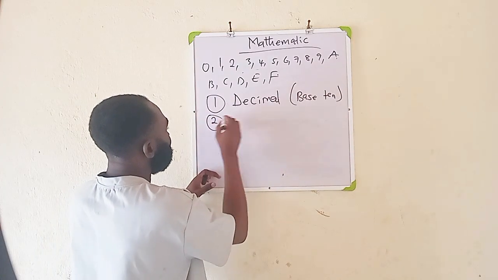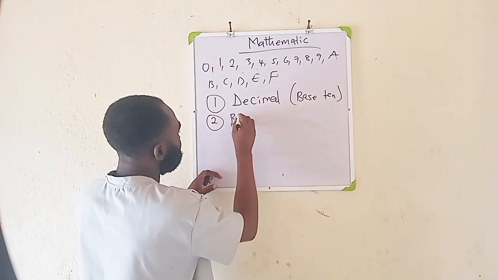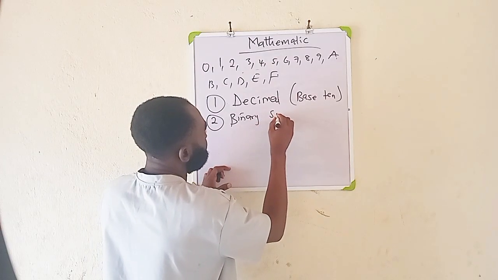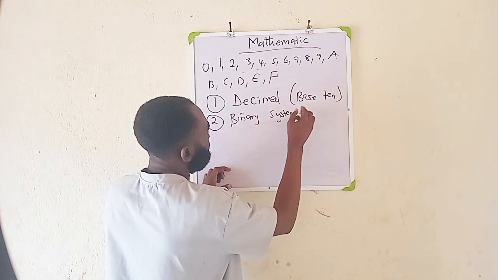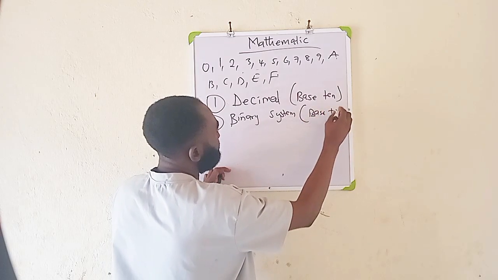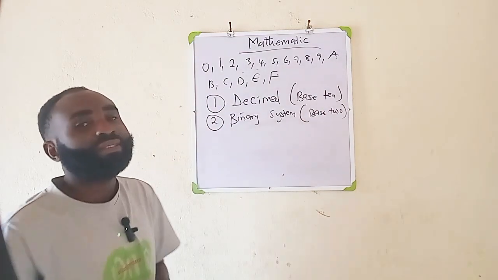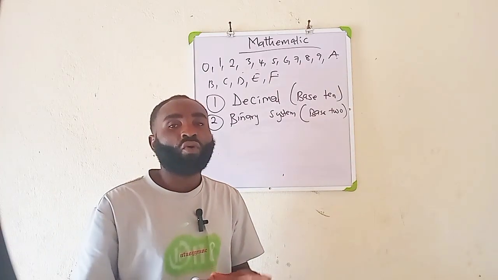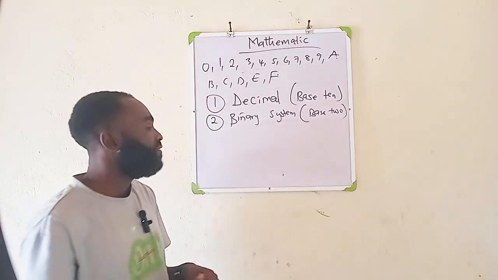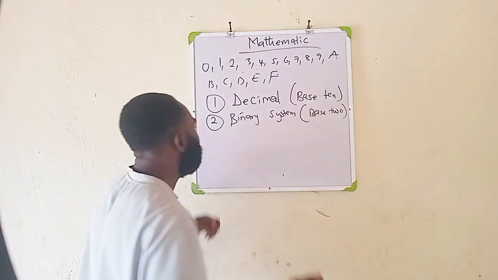Secondly, we have the binary system, base 2, which is basically used for machine language, for computer science, for the computer to understand.